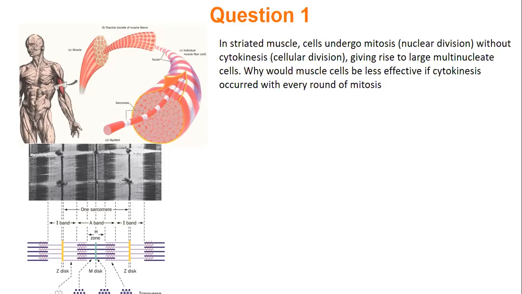Or another way to put it, why would your muscles probably be less effective if they did do cytokinesis? Does anyone know the answer to that, or want to propose an idea? Here's a good critical thinking question. Something that's not obvious.